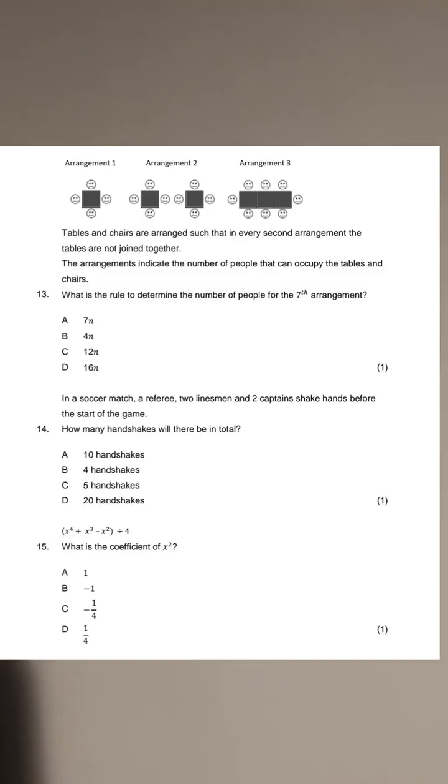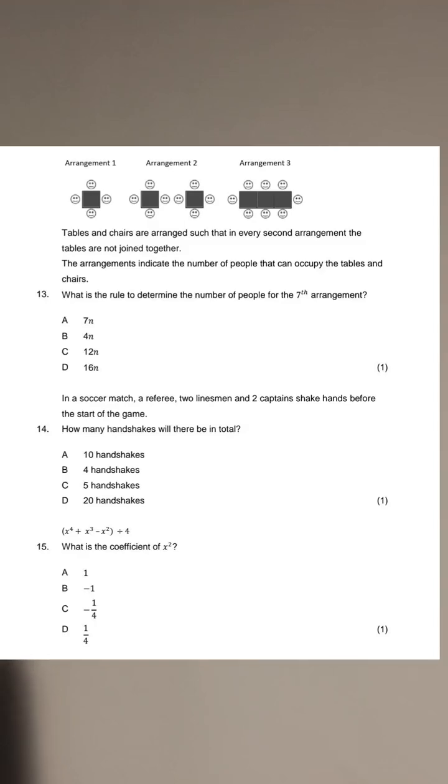There are 4 people seated there, enjoying a meal together. In the second arrangement, the tables are not joined. There are 2 separate tables, and there are 8 people, enjoying their meal together.